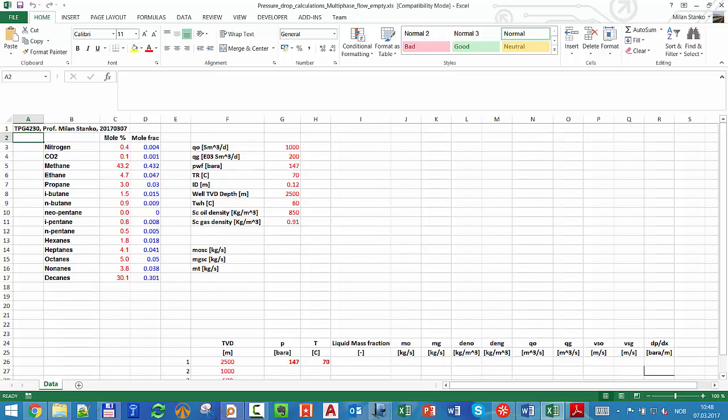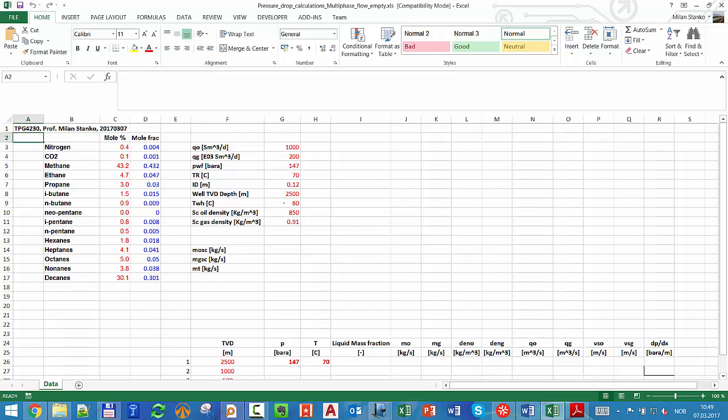Okay, and our exercise says that's the composition that we have, and we have the surface rates of oil and gas, and bottom hole pressure, reservoir temperature, internal diameter of the tubing, the true vertical depth. Okay, that's the set that I was showing before.